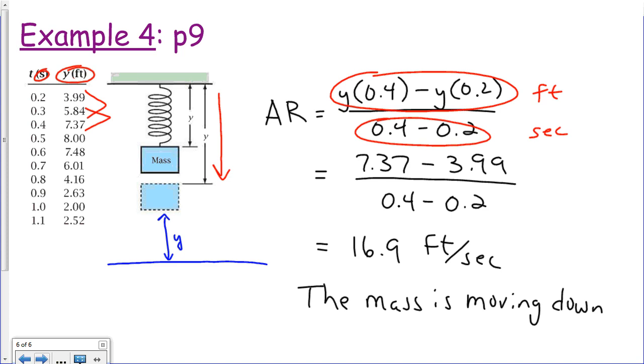So you always have to go back and consider how they are measuring this distance y in order to determine whether it's moving down. So that has to do with our example with the door opening and closing. Okay? All right. That is the end of section 1.2.